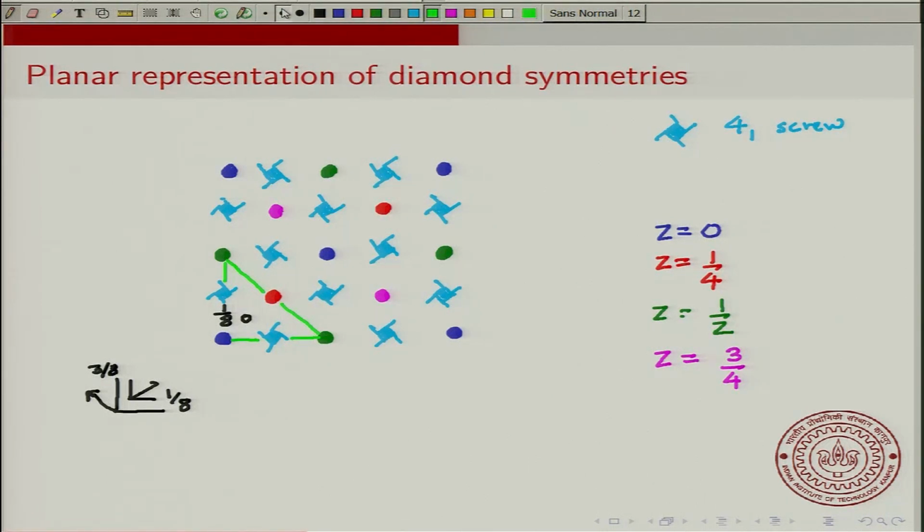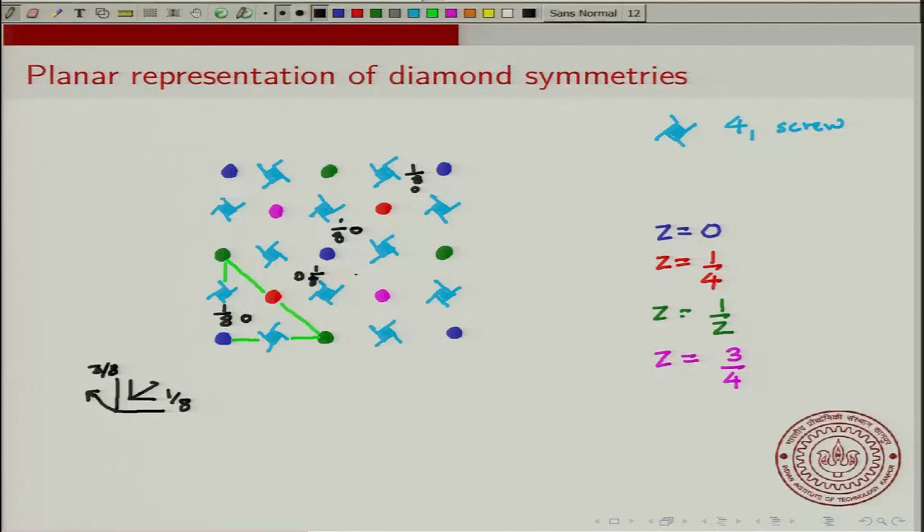So for example, you would have an inversion center between this red point and this blue point. Okay, this will be located at 3/8, or sorry, this will also be located at 1/8. You would also have inversion centers here at 1/8, and here at 1/8, and there will be other inversion centers between other connecting points that will be located at different distances.